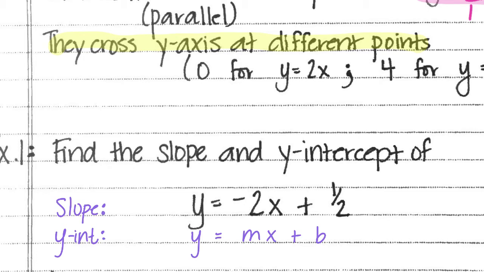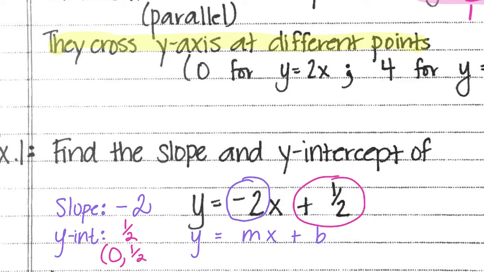Remember, the slope is always the number before x because this is y equals mx plus b. So my slope is -2. My b is a positive 1/2, so you can either write that just as 1/2, or you could show it as a point when x equals 0, y equals 1/2.